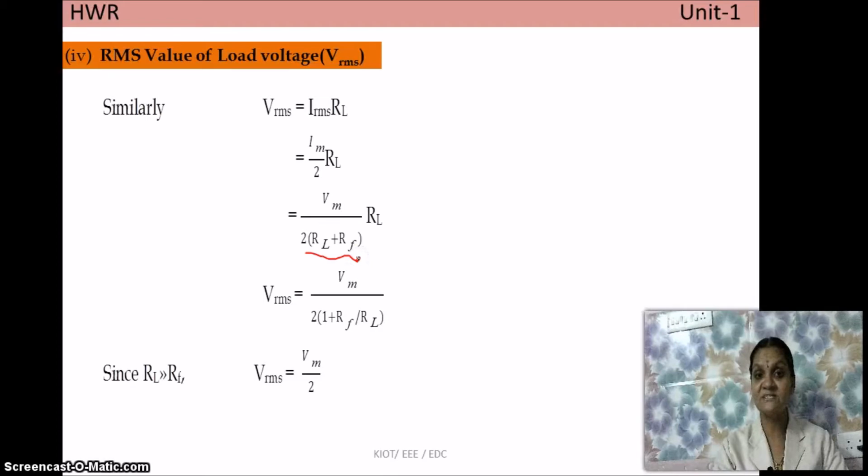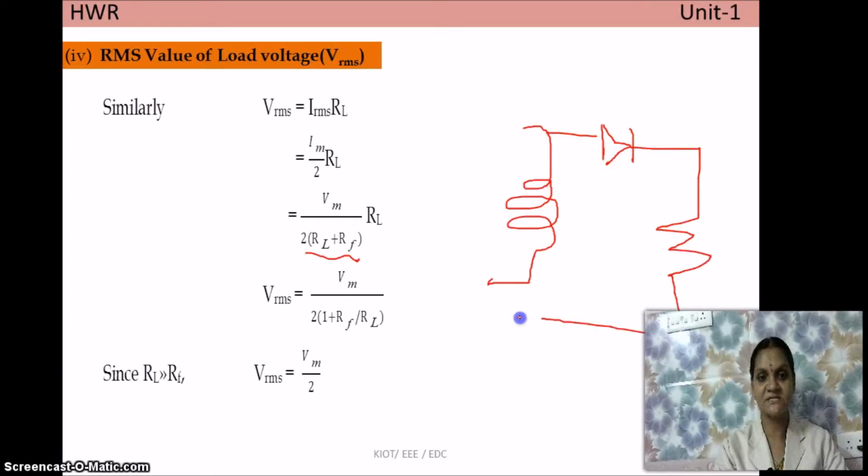Why I have considered it like this: the maximum value of current flowing through the circuit depends on the resistance in the entire circuit. For example, the secondary winding of the transformer will be like this, and on the output terminal side we have connected a diode followed by a load resistance. This is the secondary of the transformer.